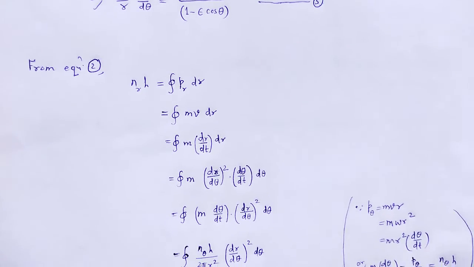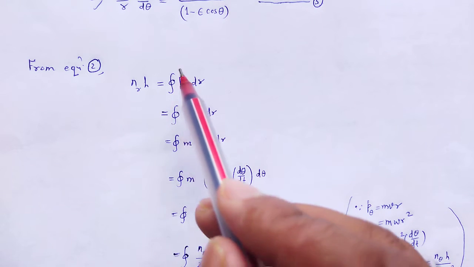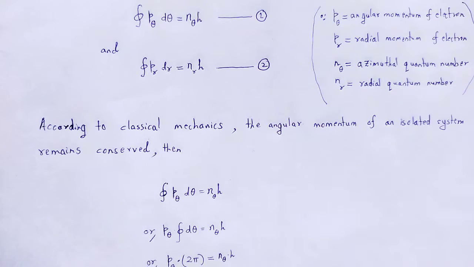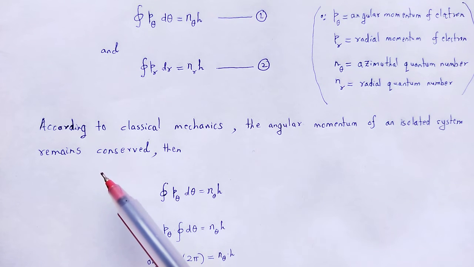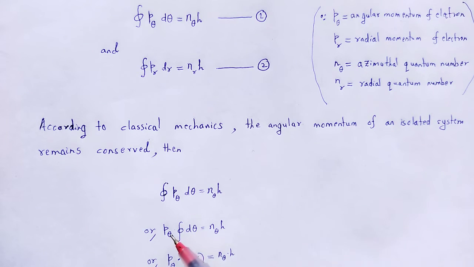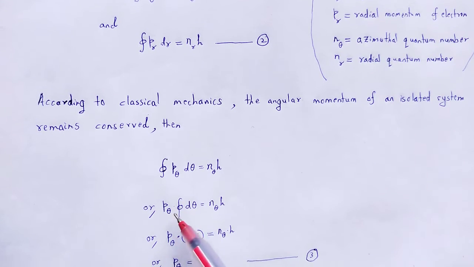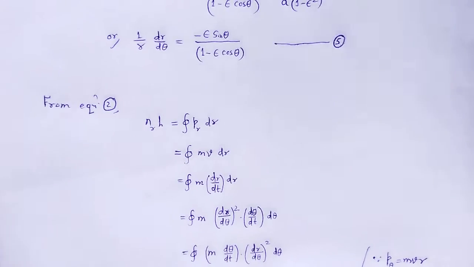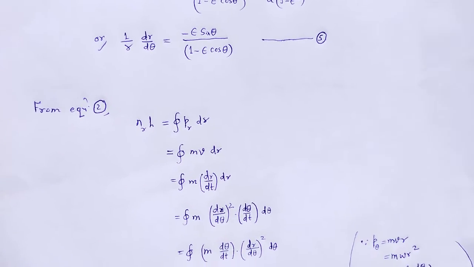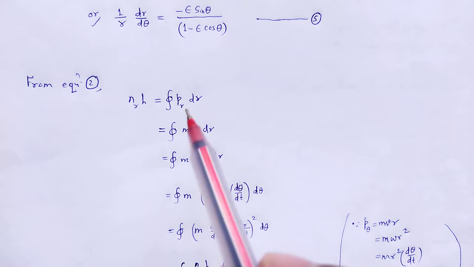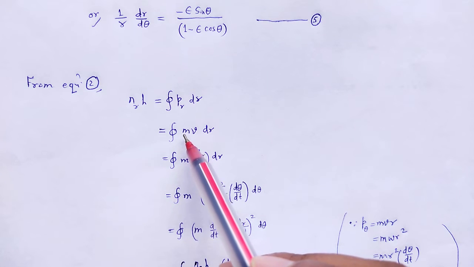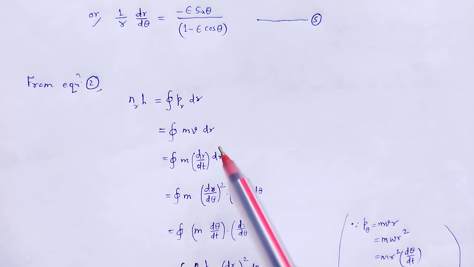Then from equation number 2, nRh is equal to integration over P r dr. In the case of the first one, we said that angular momentum is conserved, and we simply took angular momentum as constant outside the integration, but in this situation radial momentum is not conserved. Therefore, in place of radial momentum Pr, we write mass into velocity, mv.